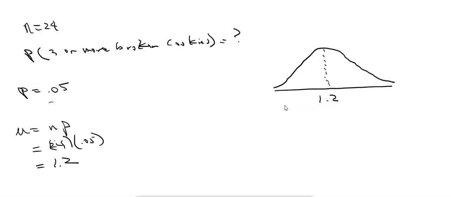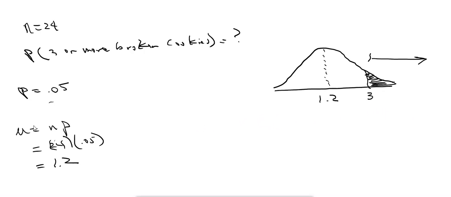Now, we're trying to find the probability of 3 or more. I'm going to draw 3 here, and more means out that way to the right. We think of this as a number line, and then to find the area under the curve, we need to use normalcdf, and so on.